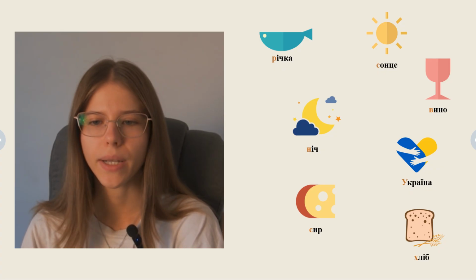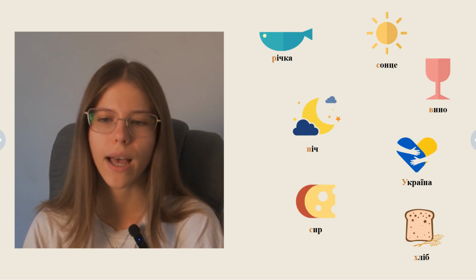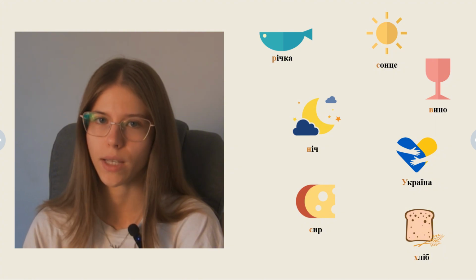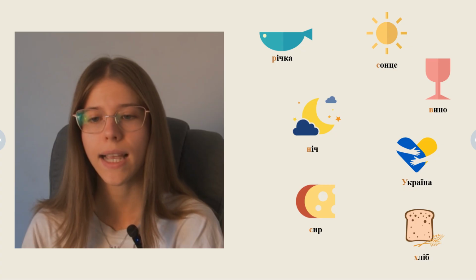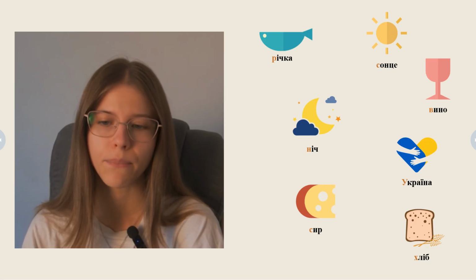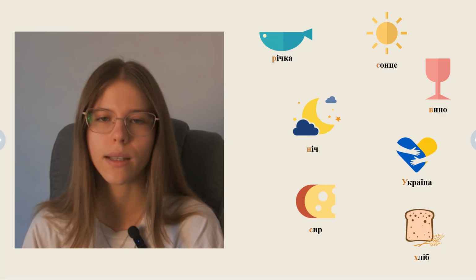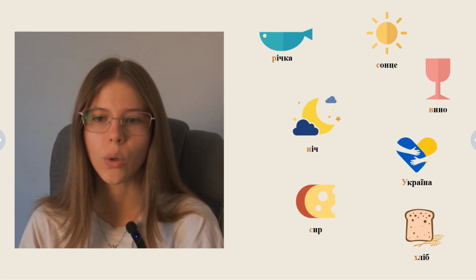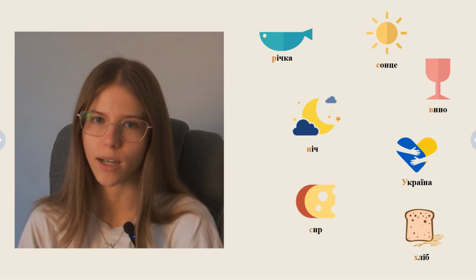Here, you can pay attention to the words річка and ніч. Here we have the letter І. We had it on the previous slide with the true friends, and you know how to pronounce it. But the Ukrainian І will soften the previous letter a little bit. So it needs to be рі, річка, not ричка.